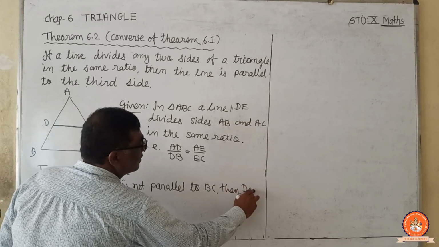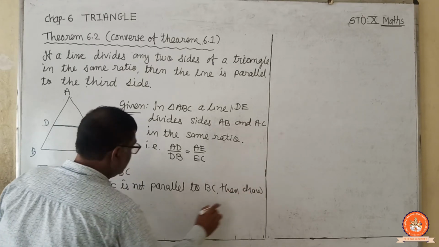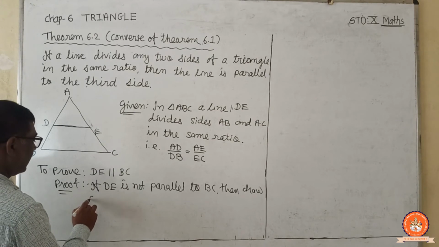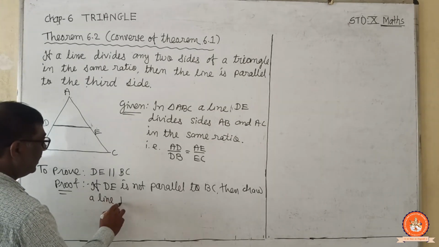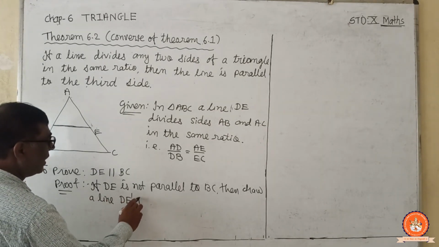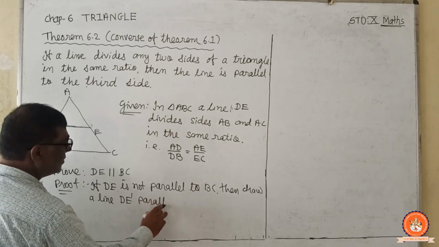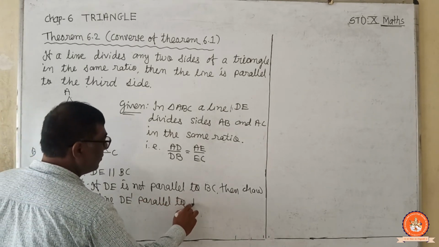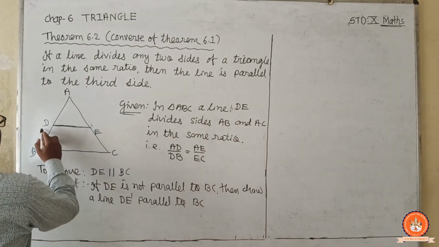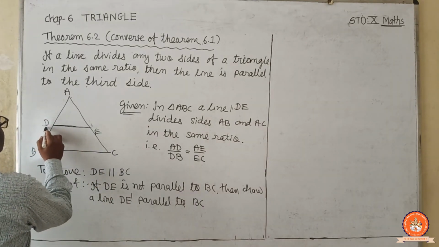Then draw a line DE dash parallel to BC.